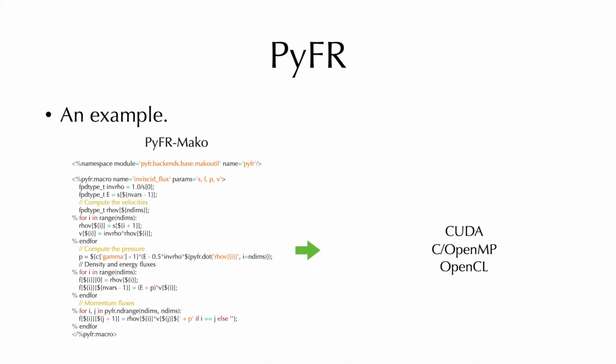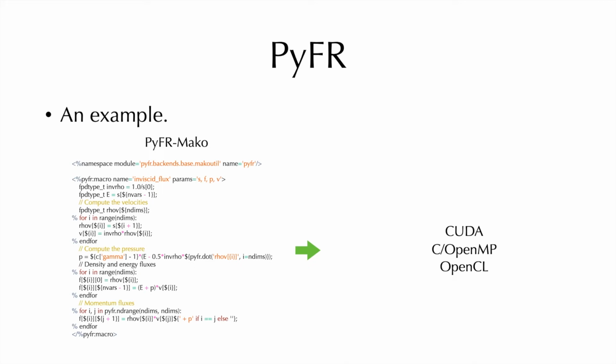To give you an example of our domain-specific language, on the left here I have a kernel in our PyFR Mako language, which defines the flux function for the Euler equations, which govern an inviscid fluid. And this kernel on the left can be directly translated to CUDA, OpenMP annotated C code, or OpenCL.